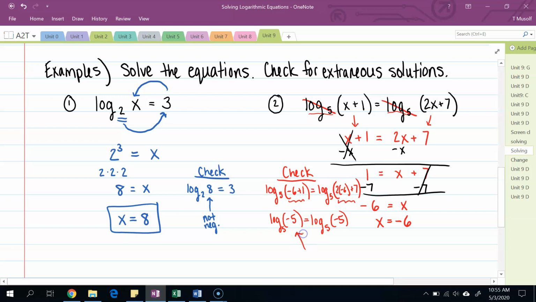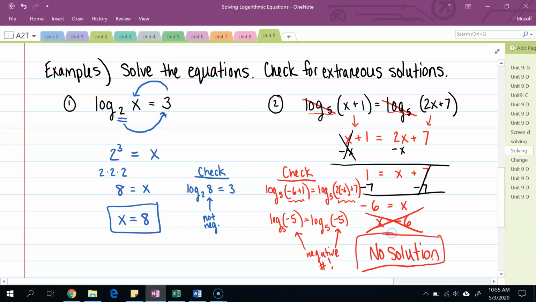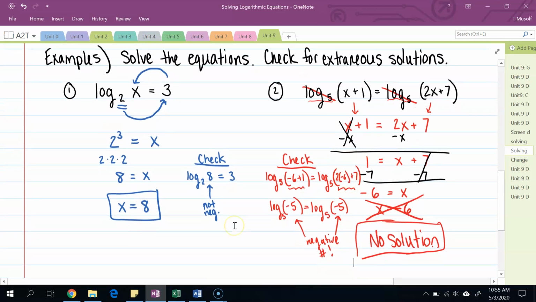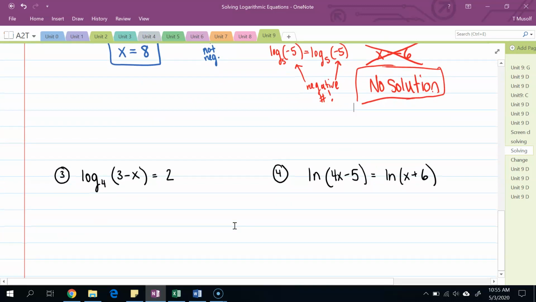So because of this right here, that's a negative number, x equals negative 6 is not really a solution. And since that was the only solution we found and it doesn't count, we would say no solution. So that's the extra tricky part with logs, just something to look out for. A couple more examples just to make sure we're understanding this.